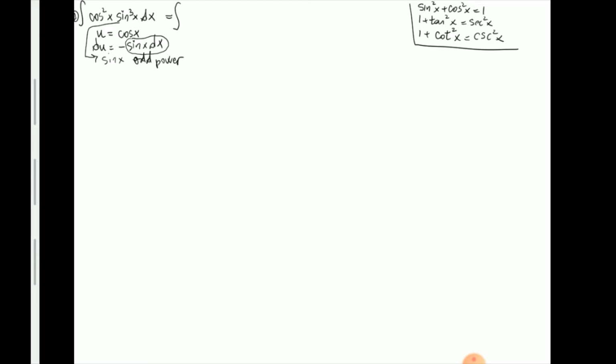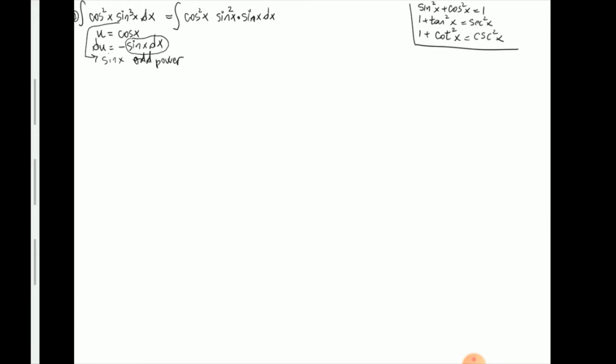So save a factor of sine and attach it to dx in anticipation for this u substitution, and then write the remaining power of sine, which ought to be an even power, just like before. Because it was sine cubed in the beginning, by saving a factor of sine separately, you're left with sine squared of x.